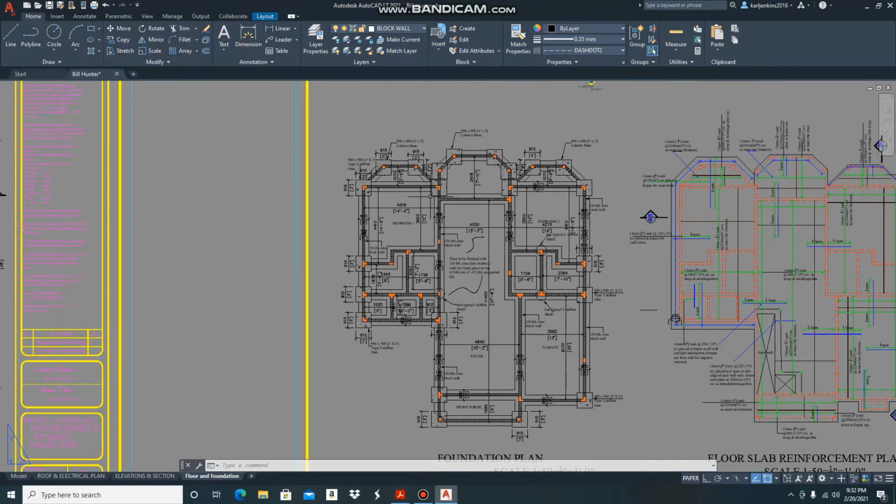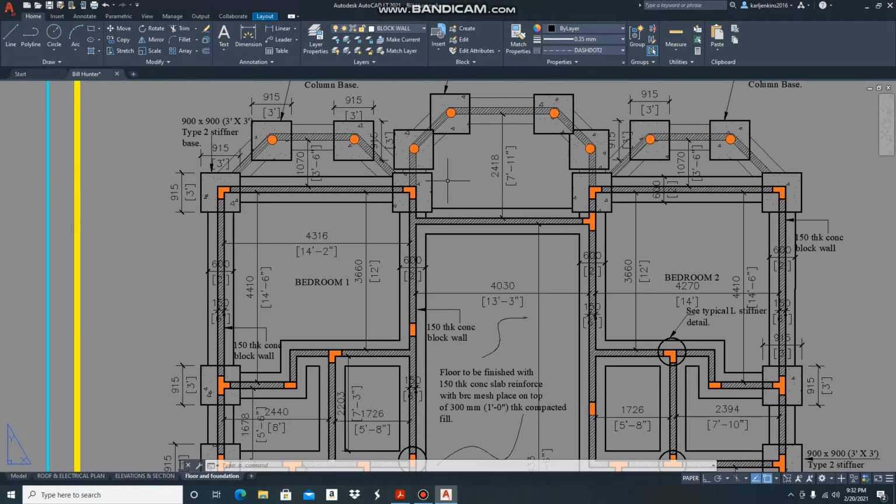So the location of your stiffeners is very, very important. Second, note that when you're reading your foundation plan, you must ensure that you read the dimensions carefully.